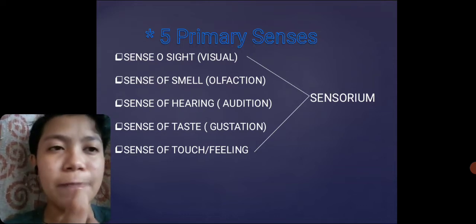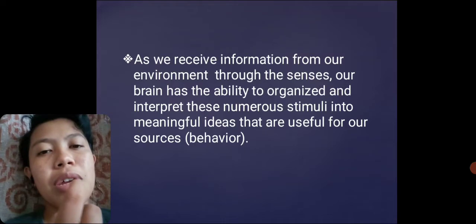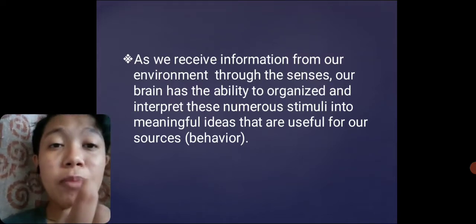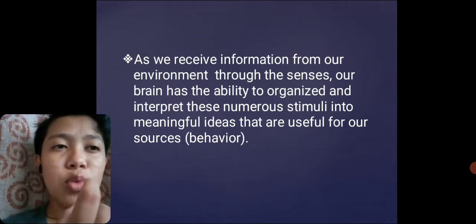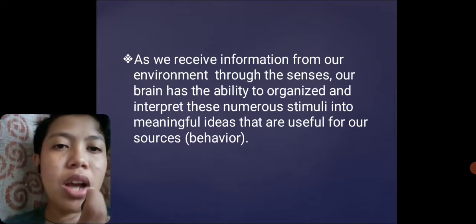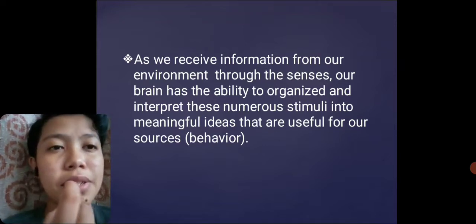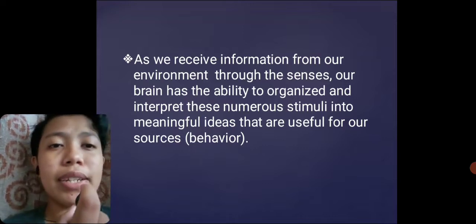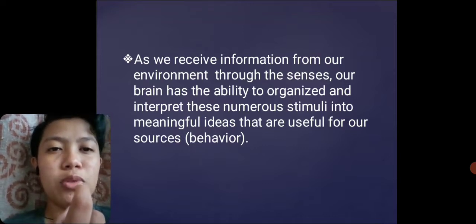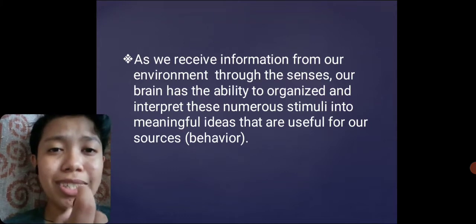Okay, let's proceed. As we receive information from our environment through the senses, our brain has the ability to organize and interpret these numerous stimuli into meaningful ideas that are useful for our thoughts and behavior.